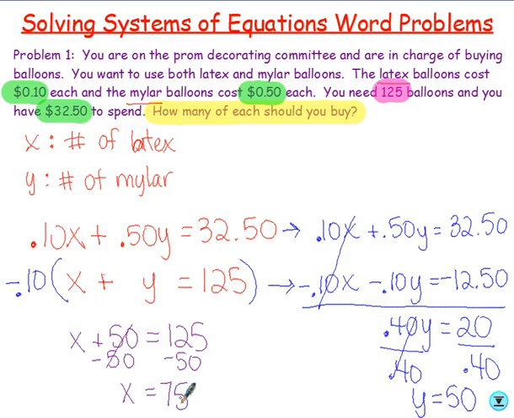We're going to come back up here and we're going to reference our original setup. X was the number of latex balloons. So I'm going to say, I need 75 latex balloons.